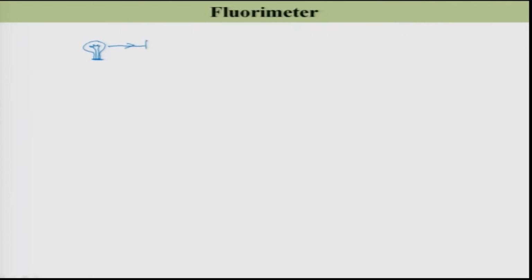Here is my monochromator, here is my excitation light source. With this monochromator, we choose the desired wavelength and excite your sample. Here is your sample.